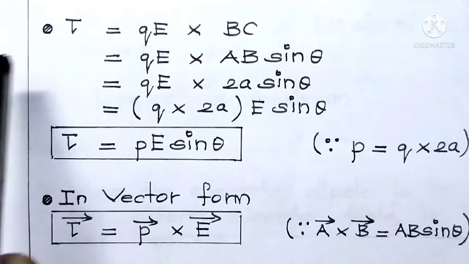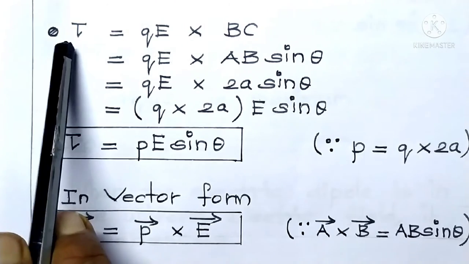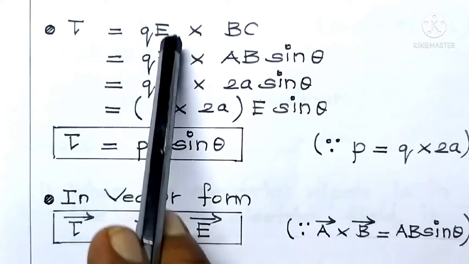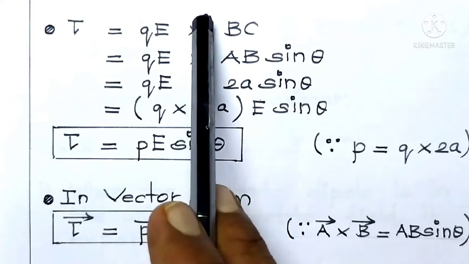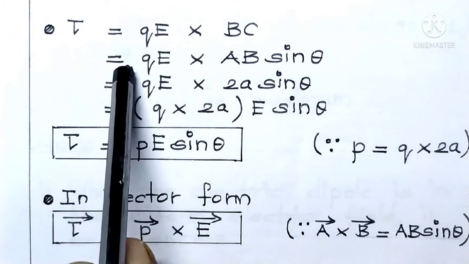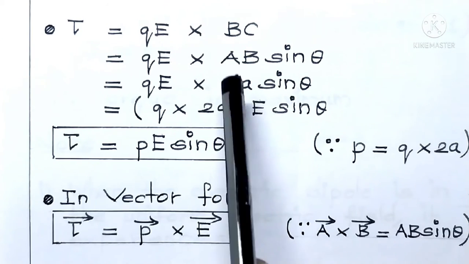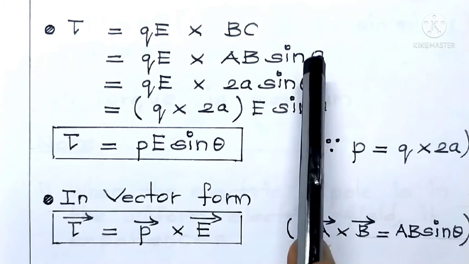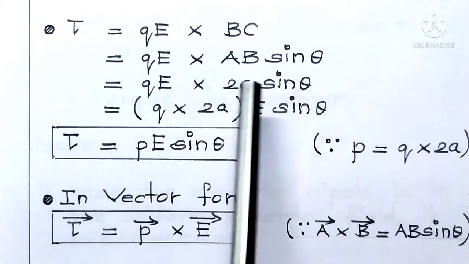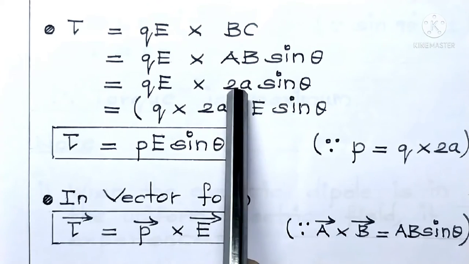So torque is indicated by the Greek letter tau. So tau is equal to qE. We have taken any one of the forces, which is multiplied by the perpendicular distance BC. So in the next step, qE into, we have already got an expression for BC, which is nothing but AB sine theta. So in the next step, qE into, what is the distance between AB, which is nothing but the length of the dipole, 2a.